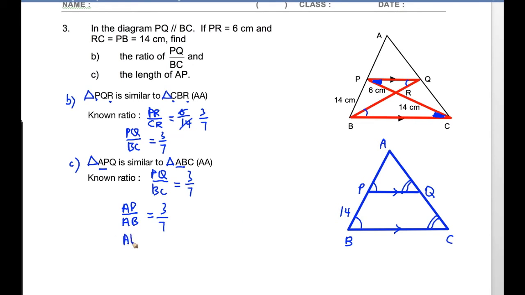Therefore, we write this as AP over AP plus 14. We cross multiply to give us 7AP equals 3AP plus 42. And simplifying it, we have AP is 10.5 cm.